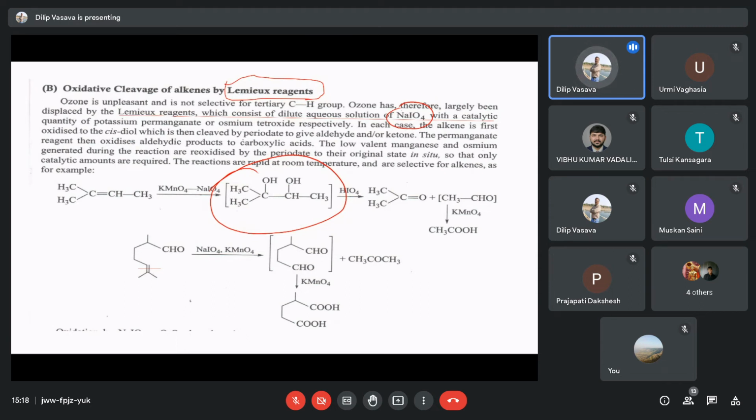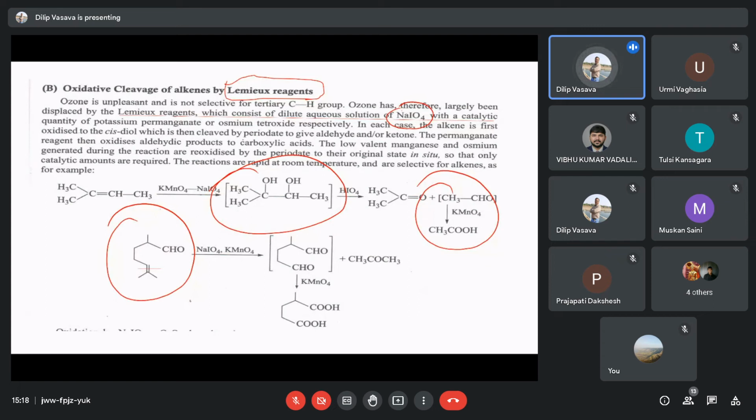Further oxidation is not taking place, but in presence of the NaIO4 it is possible to form the oxidation and get the acid. Now you might have studied this in the natural products. It is in the terpenoids, this structure is coming.